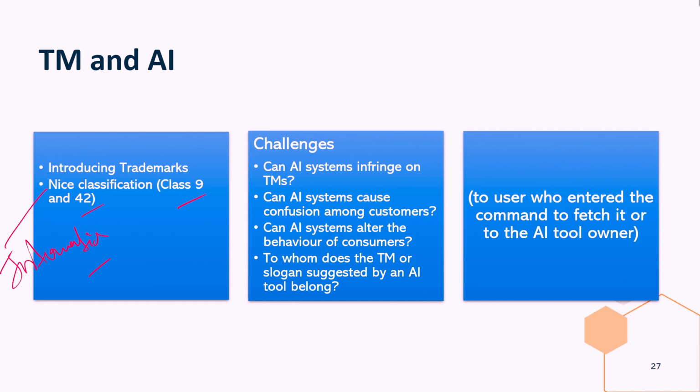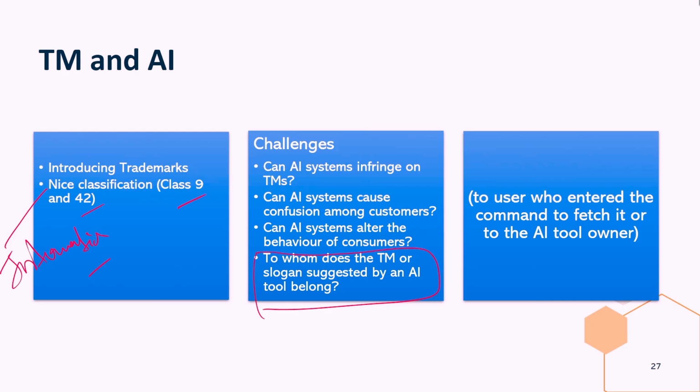To whom does the trademark or slogan suggested by an AI tool belong? When it comes to ownership, suppose a local trader, or a business service provider, or any service provider for that matter, has referred to some AI tools which are suggesting some creative names to be registered as a trademark.